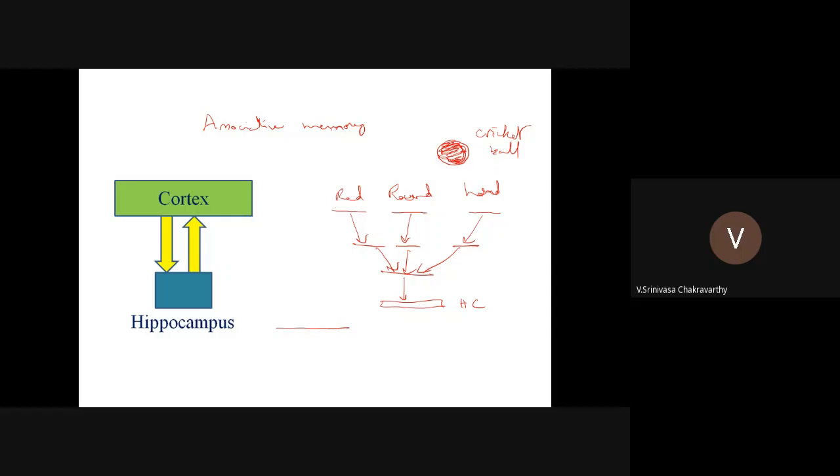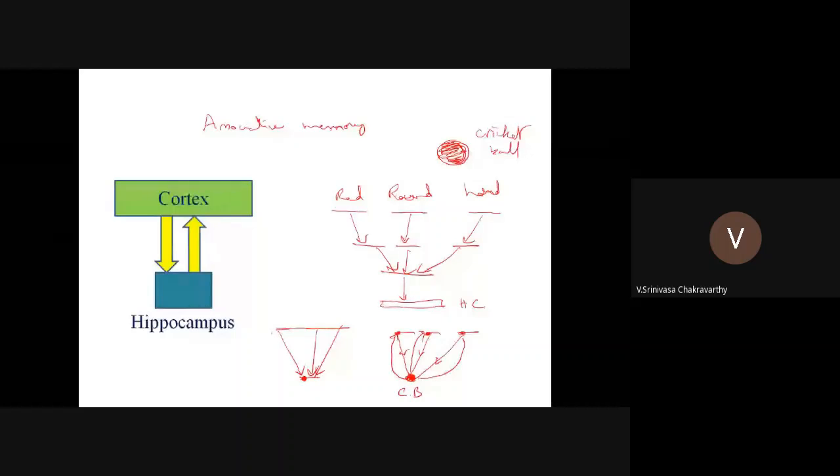Let us say I just have one big layer, the input layer, and then one small layer, the output. And let us say there is a neuron here, which represents cricket ball, and which receives input from all these regions. Here I have red color, here I have roundness as a property, and here I have hardness as a property. And these three sets of neurons project to this one neuron, which represents cricket ball.